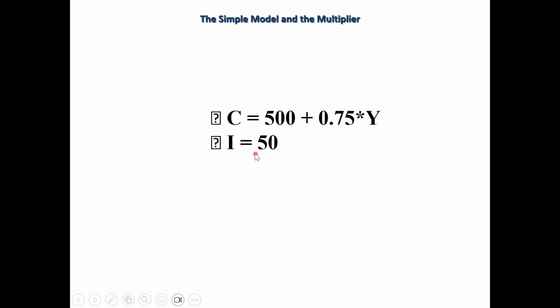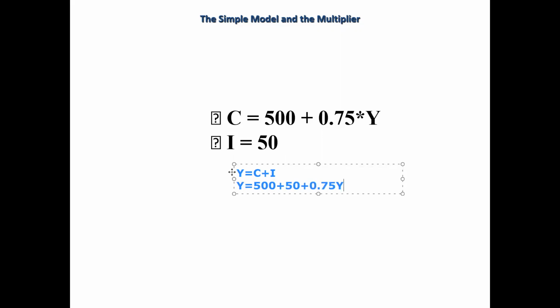The equilibrium is consumption plus investment, because Y is equal to consumption plus investment, which means that Y here must equal 500 plus 50 plus 0.75Y.